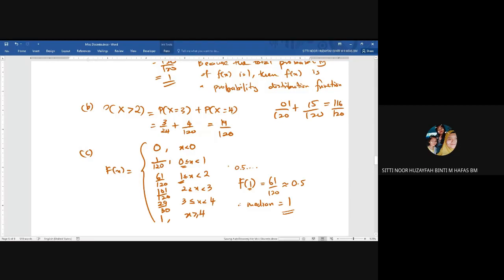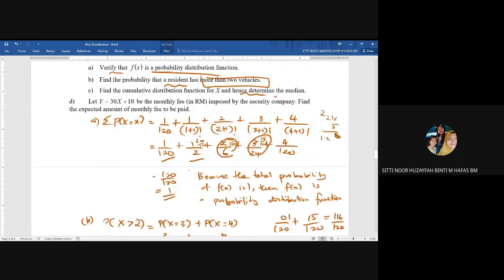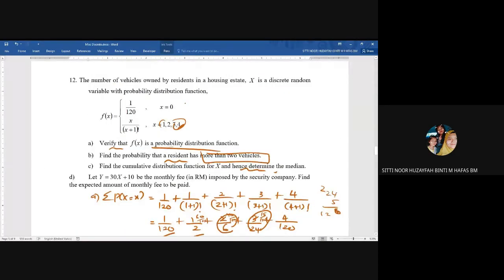Lastly, the last question. Let y be equal to 30x plus 10 be the monthly fee in RM imposed by the security company. Okay, find the expected amount of monthly fee to be paid. So it depends on how many vehicles they own, right?